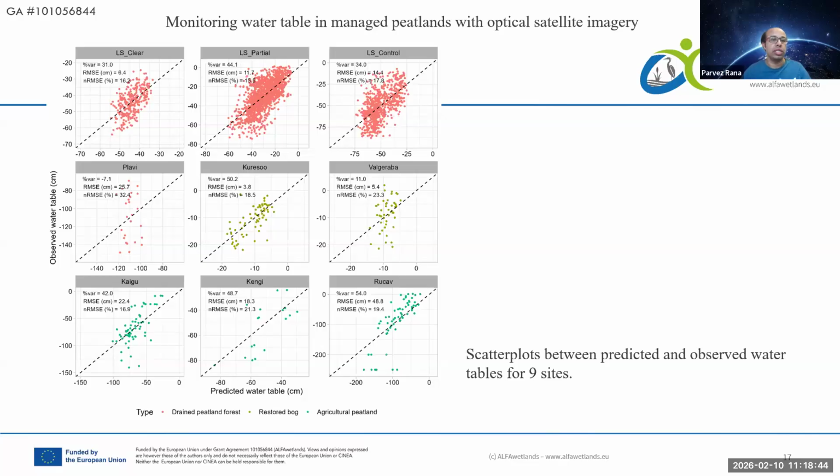Overall, if you see the scatter plot, if the dots are close to the black line, that means the correlation is good and our model is capable. But sometimes you could also see that our model is not capable, especially if you look at Plabi. It is almost like our model is suffering quite a lot. It is because we have only 1 year of data from Plabi, and also the variation of the water table is very high, close to 50 until 150.